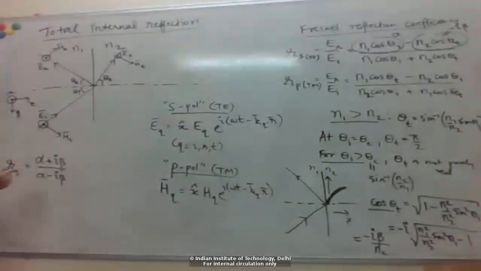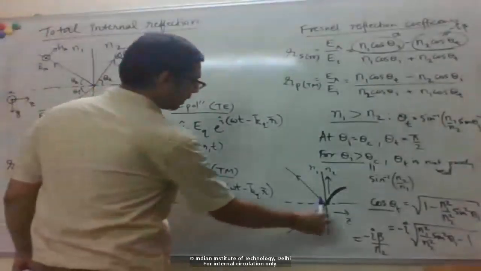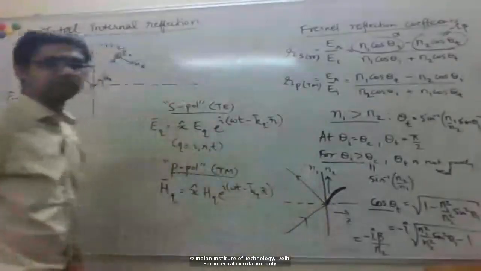So what does this look like? If you take the magnitude, you can see that the magnitude of the numerator and the denominator is the same. So the magnitude of Rs is 1, which means in terms of power, 100% power is reflected.